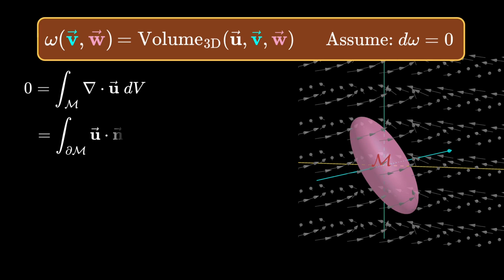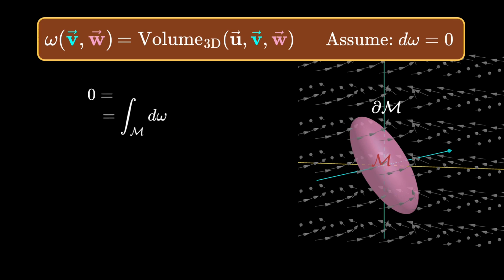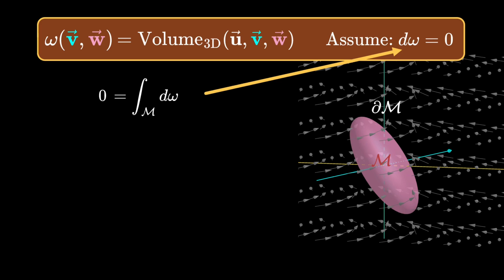By divergence theorem, this is the flux across the boundary, but the integral of u dot n is the integral of this form omega, which, by generalized Stokes theorem, equals the integral of d omega over M. Since this is true for all M, we have d omega equals 0.